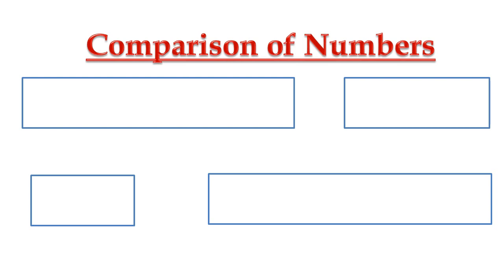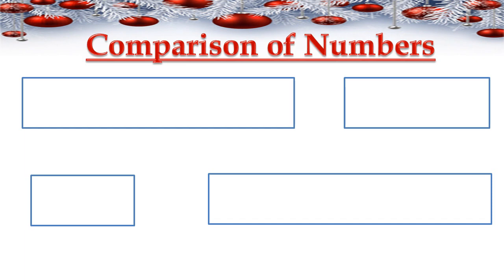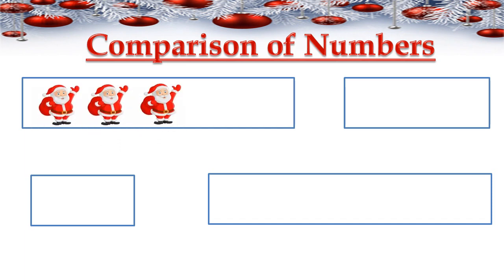Comparison of numbers. Comparison is the act of finding out the differences and similarities between two or more people, things, or numbers. Here, we are going to compare two numbers, to see which is bigger or which is smaller. All of you count with me. 1, 2, 3, 4, 5.